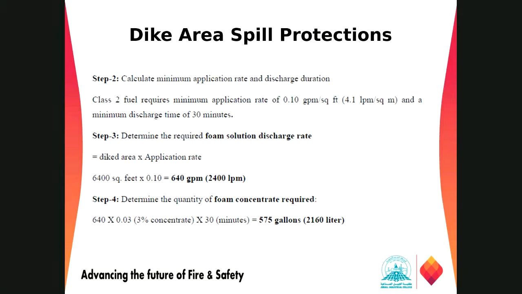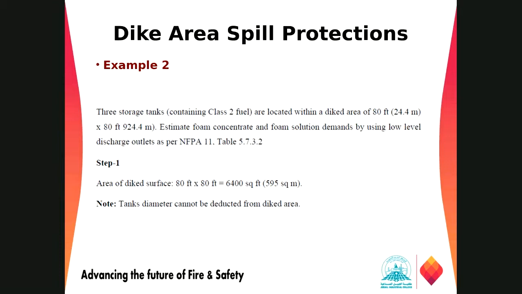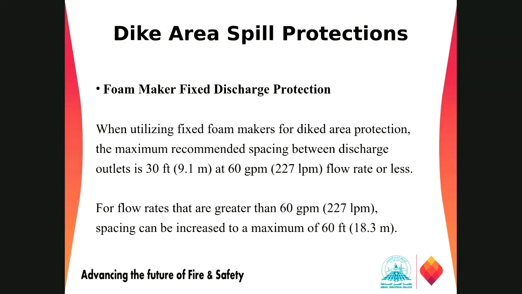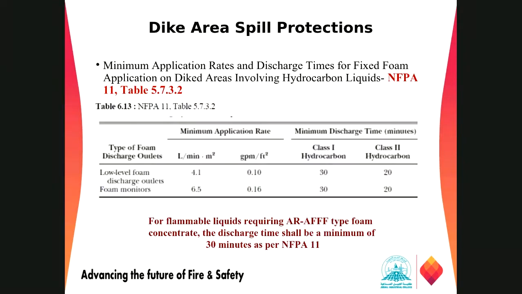Mr. Rabi, why do we select 30 minutes? Because NFPA 11 says for dike area protection we need only a 30-minute duration for the liquid types. Yeah, but we have class 2 hydrocarbon, right?